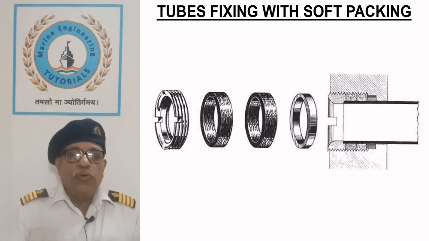This sketch shows a tube fixing arrangement using soft packings, which is rarely seen on ships' heat exchangers, and the process is both cumbersome and costly. The advantage of this method is easy replacement of the tubes.